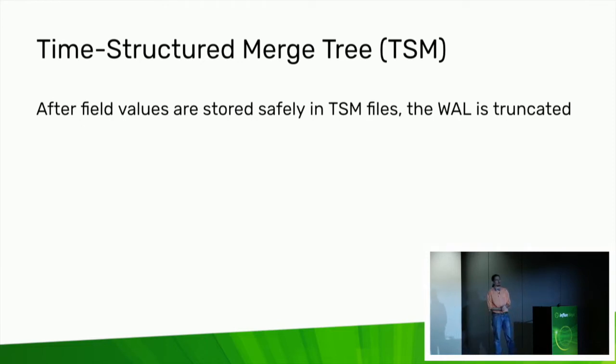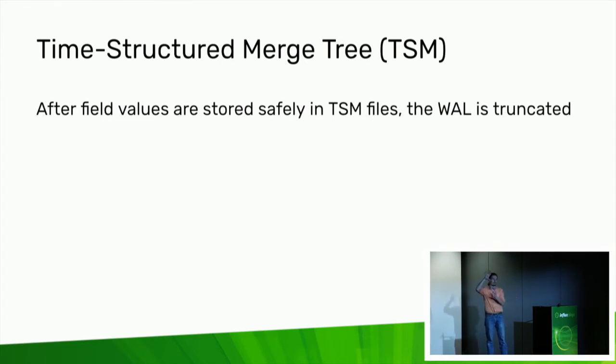And one small detail here is that now that we've implemented TSM, that in-memory database, that list of strings, is not invalid. We have not thrown that away. We still use it. The way this works is we get a write from the user, we write it to the write-ahead log, we store it in the in-memory cache, and then after we've collected about 10 minutes or 25 megabytes of data in that cache and the write-ahead log, then we do what's called a snapshot operation.